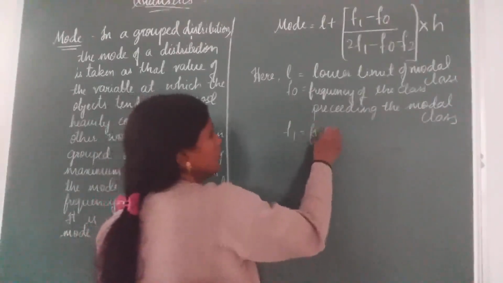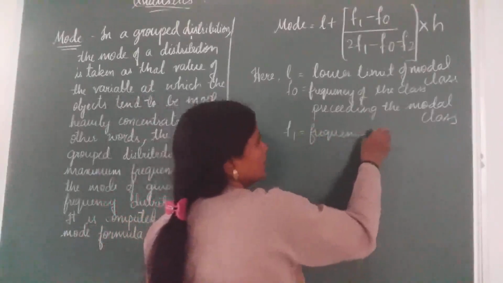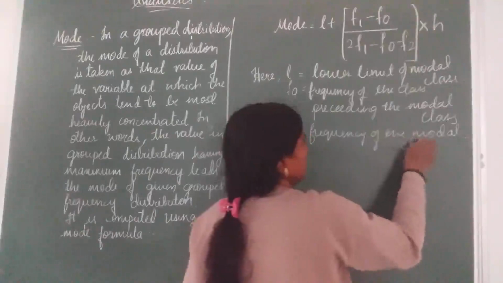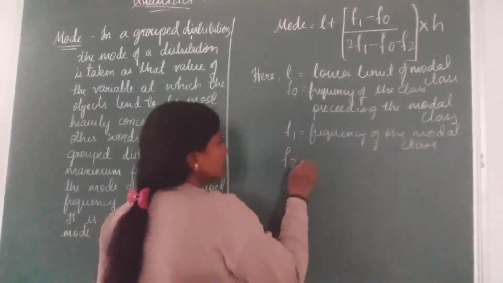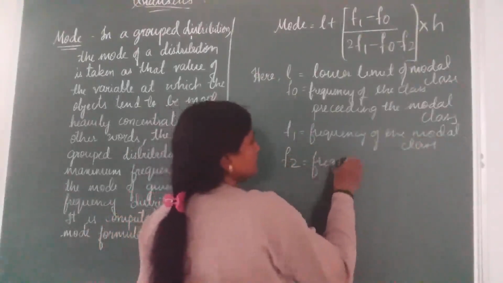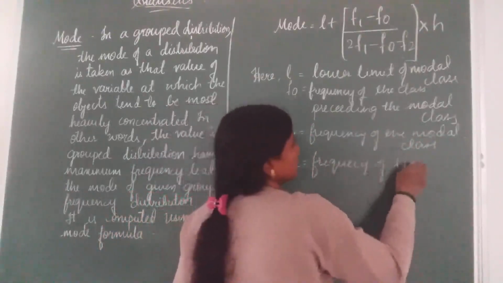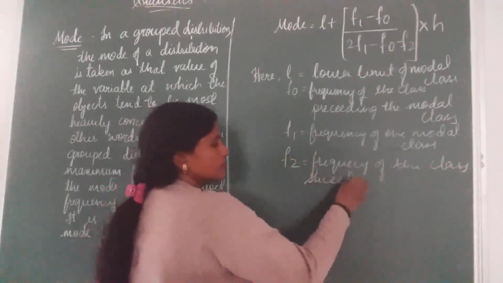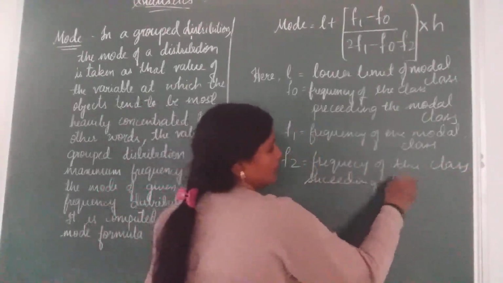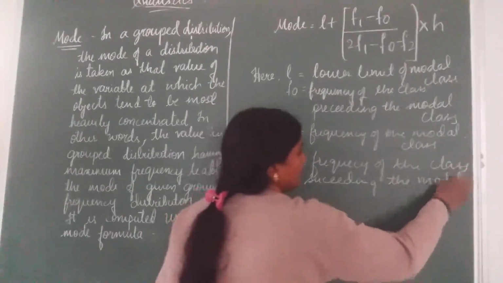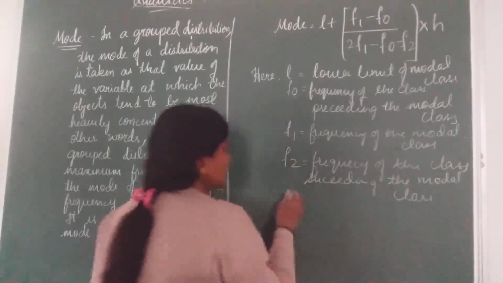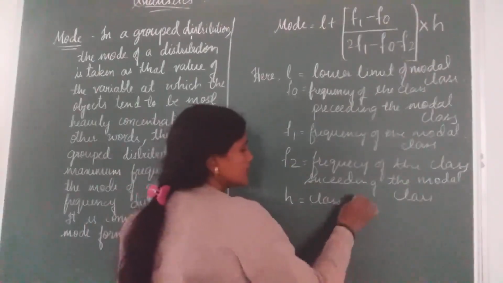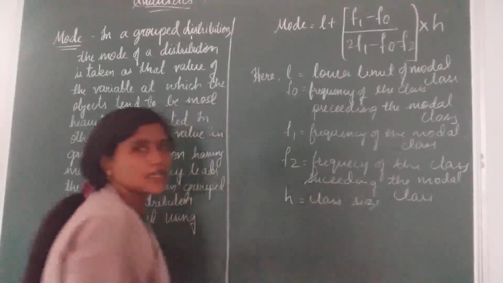F1 is nothing but the frequency of the modal class. F2 is nothing but the frequency of the class succeeding the modal class. Last one is nothing but H. H is nothing but, as you already know, the class size.